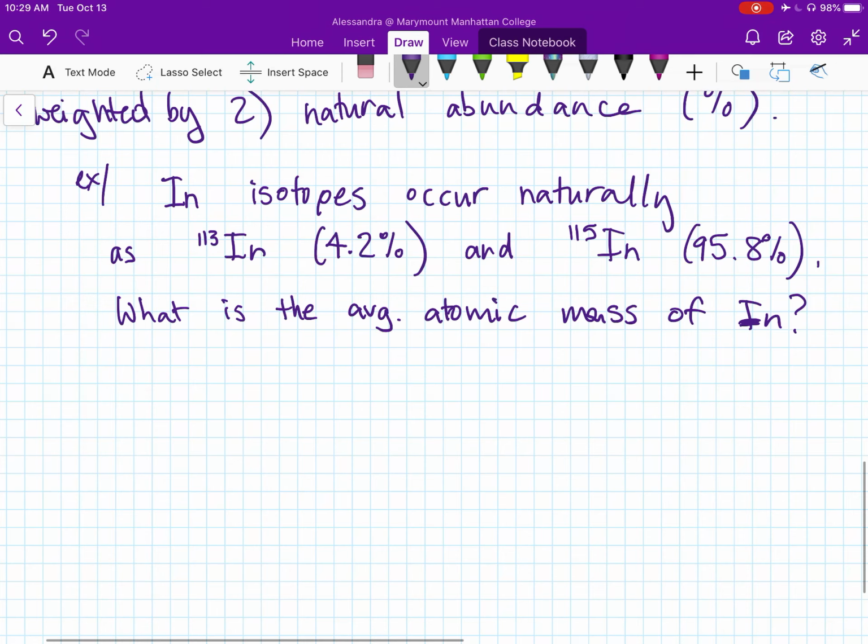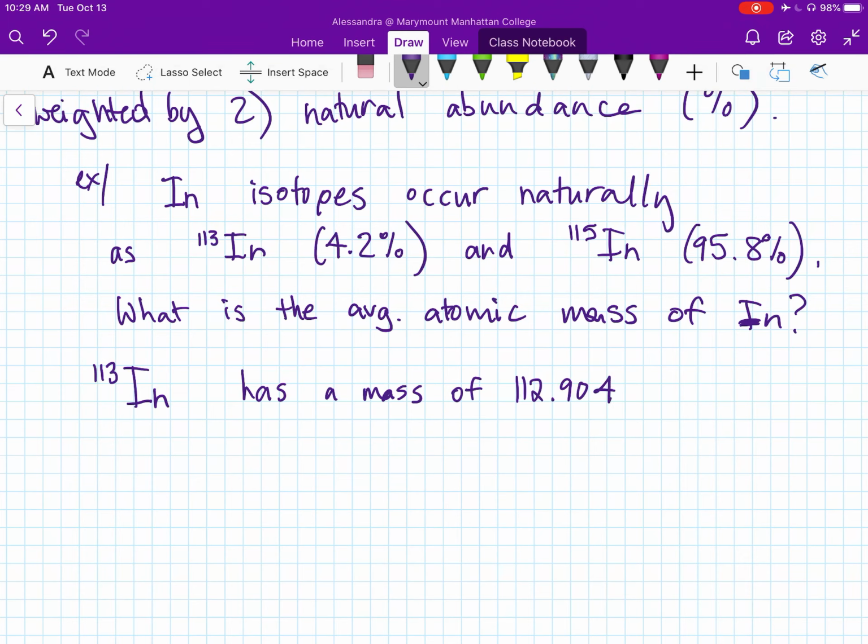Before I can answer that question, I need to know exactly how much each of those isotopes weighs because it's not actually a whole number. So 113 indium has a mass that is exactly equal to 112.9043 atomic mass units. 115 indium has an exact mass of 114.9041 atomic mass units.